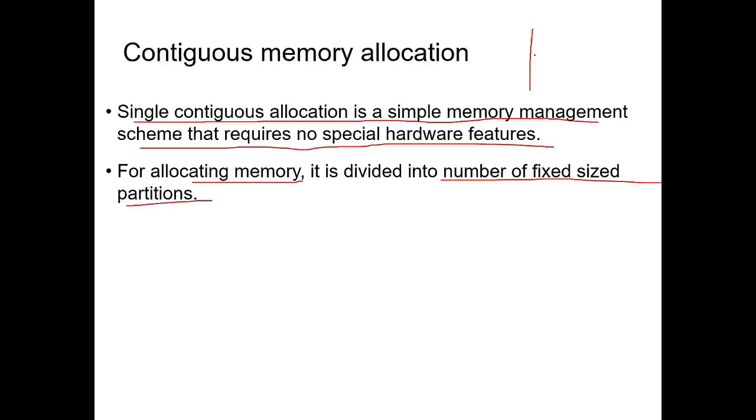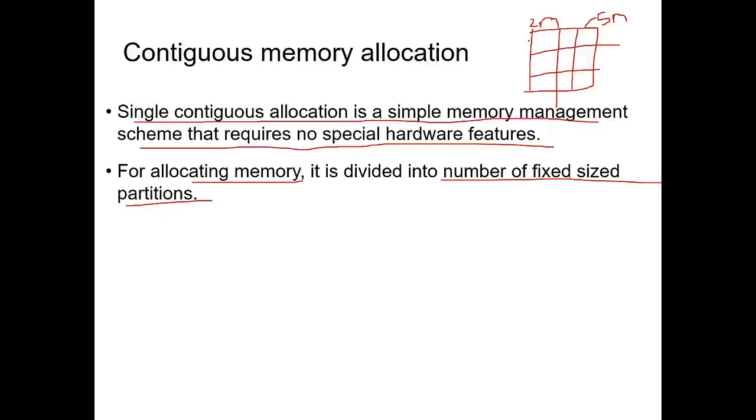This is the main memory and there are fixed size blocks. Whatever size is given for these blocks, it is fixed. Suppose this block is given 2 MB and this block is given 5 MB.